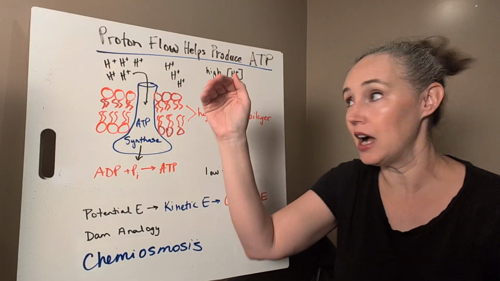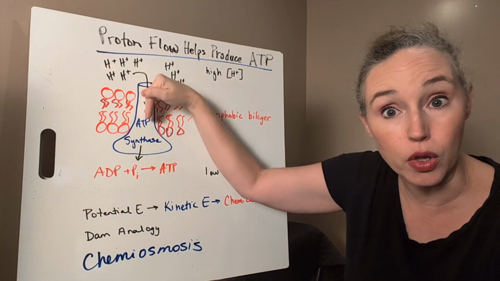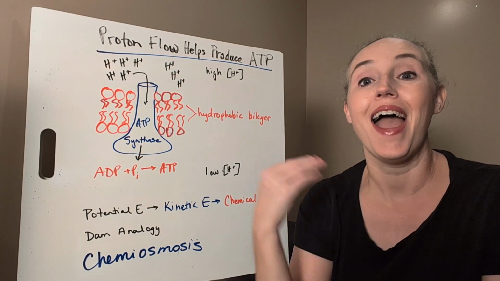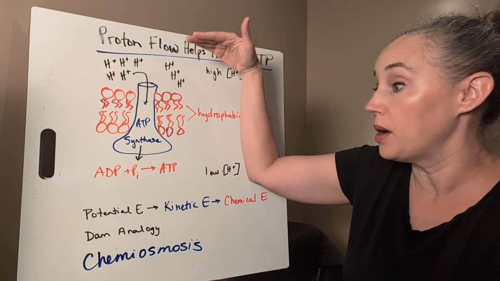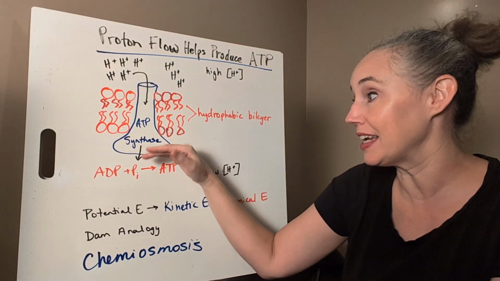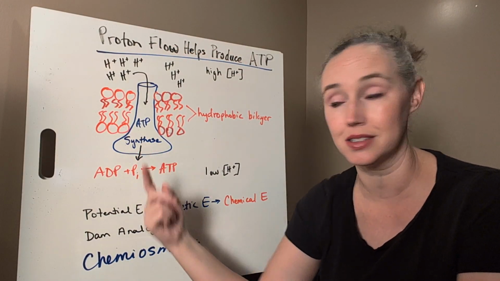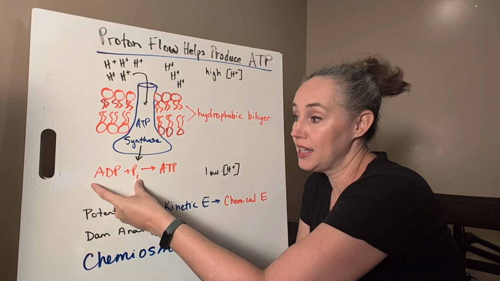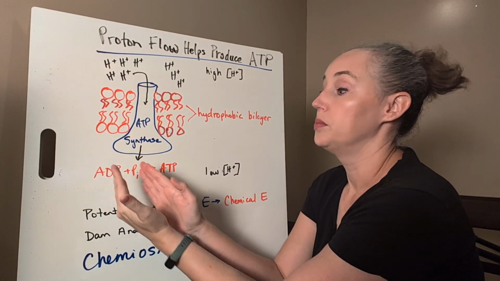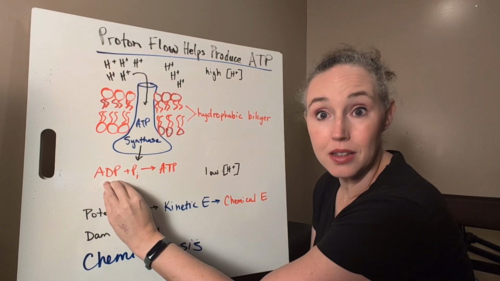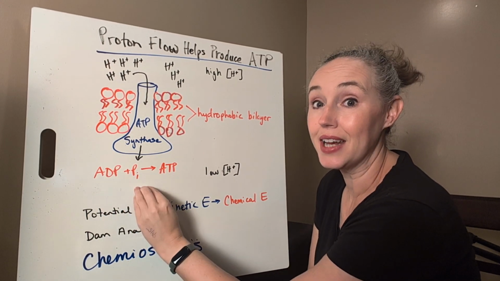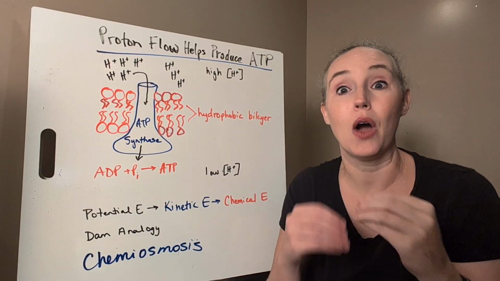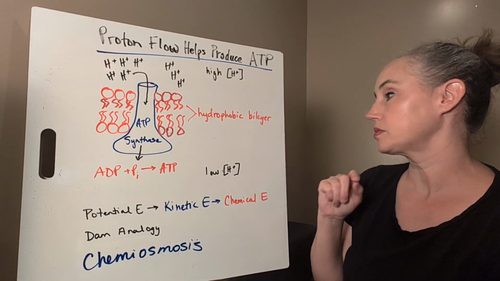So it actually allows protons to flow through it. As it does, it rotates, and that change from potential energy to kinetic energy, rotating the bottom of this, is going to power the bringing together of ADP, which is adenosine diphosphate, and inorganic phosphate to produce ATP, which is our energy transfer molecule.